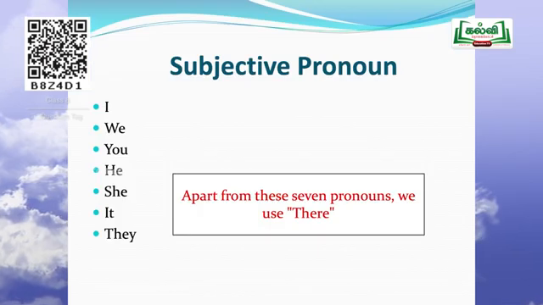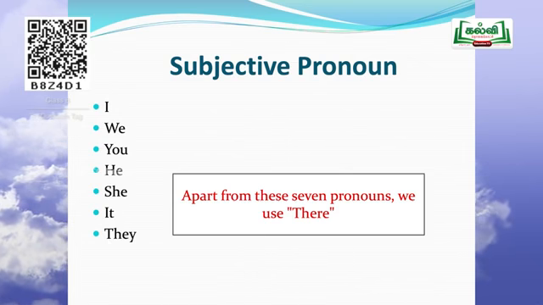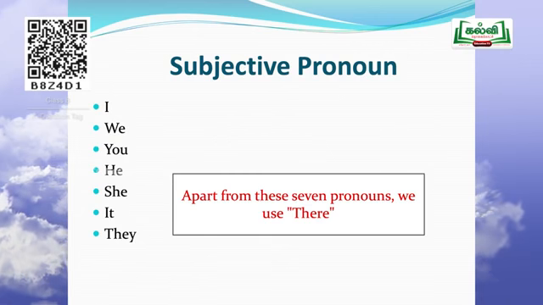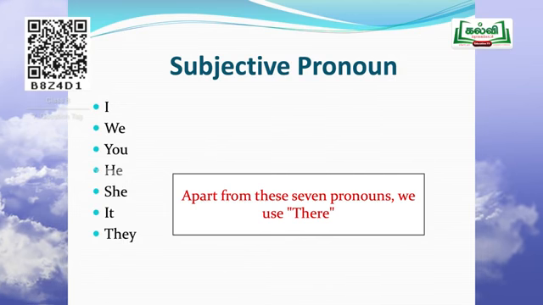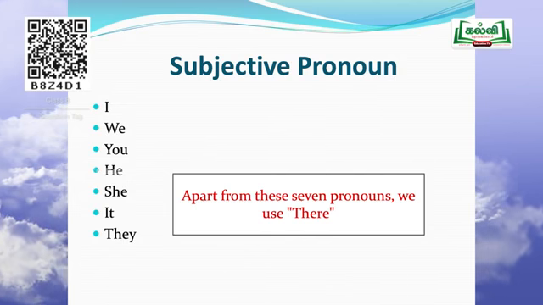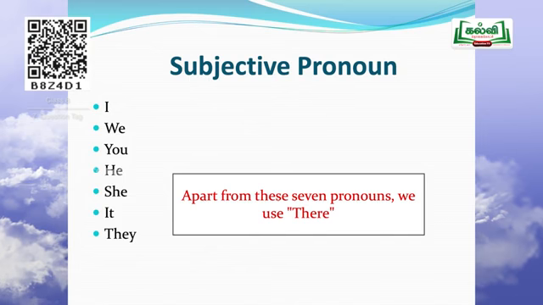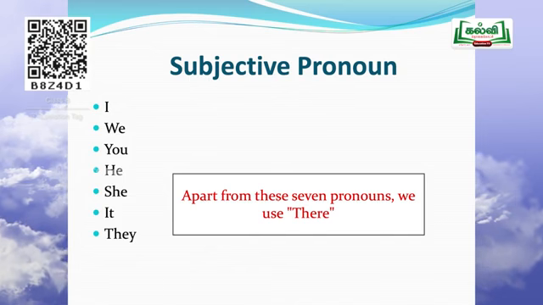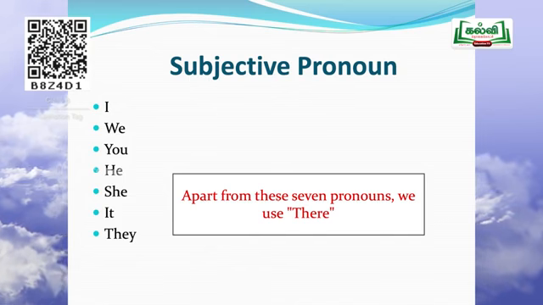Before going to the example, let's revise subjective pronouns. We already know there are 7 pronouns: I, we, you, he, she, it, they. So these are the 7 pronouns we use as subjective pronouns in a question tag.